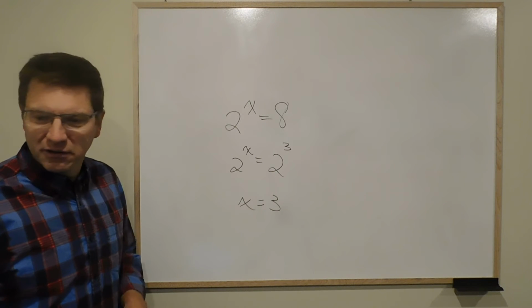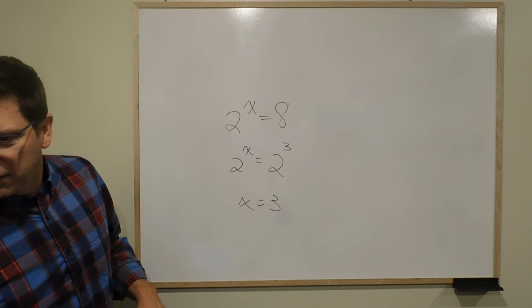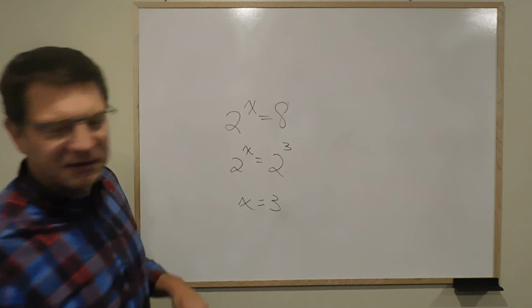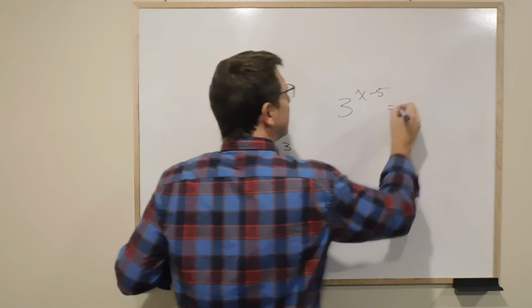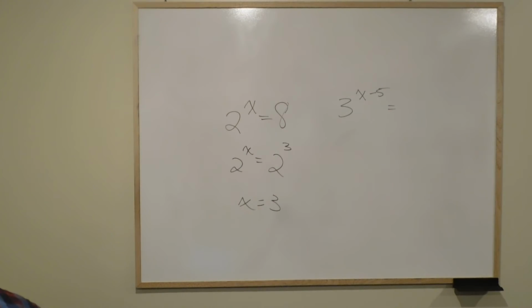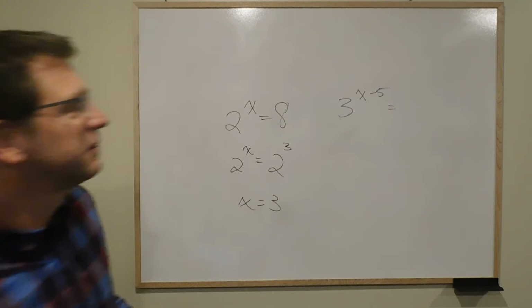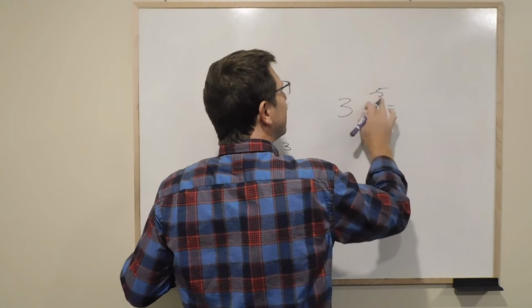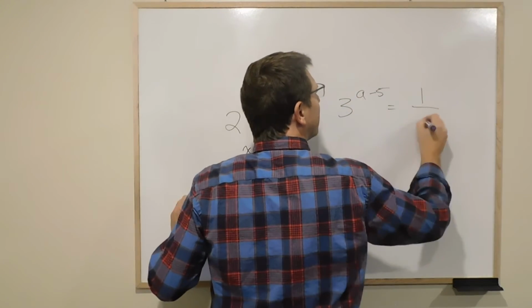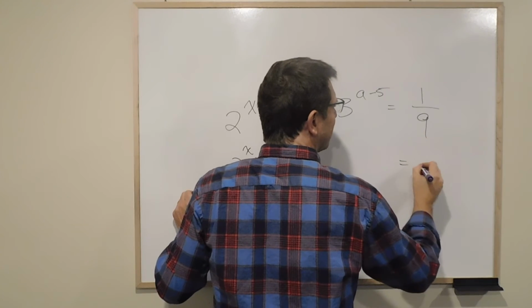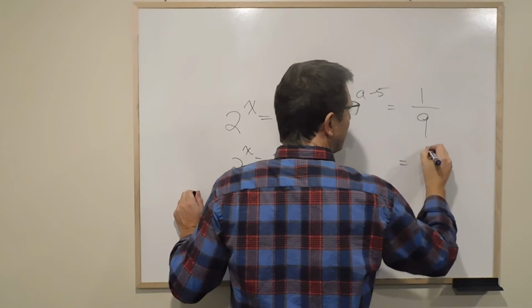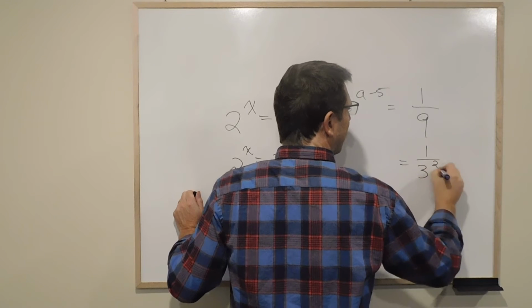It also works out nicely for the next one, where it looks like a minus 5 is equal to 1 over 9. Sorry, that's an a, pardon me. 1 over 9. Well, but couldn't we say that 1 over 9 is 1 over 3 squared?